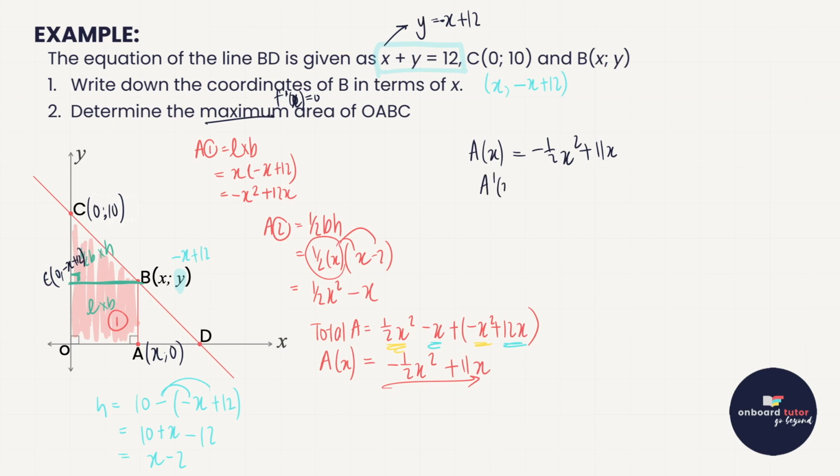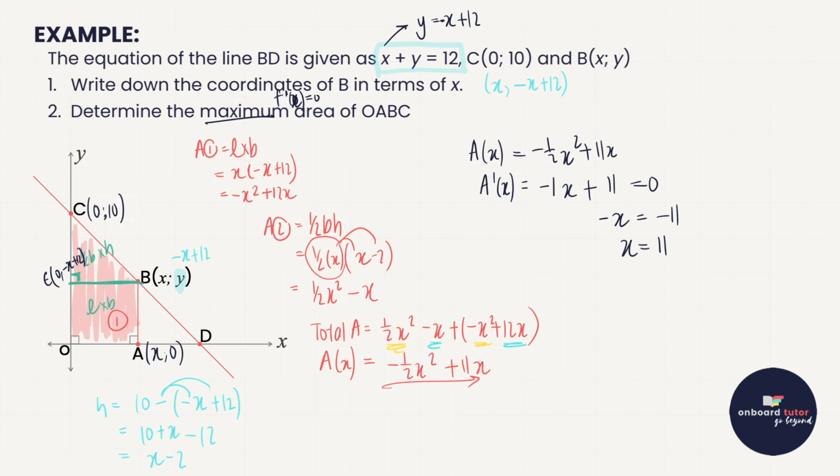A prime x, the derivative, we'll take this 2. 2 times minus a half is minus 1, x to the 1, plus 11. And that is a maximum when it equals 0. So now we'll end up with minus x equals minus 11, and so it's a maximum when x equals 11.